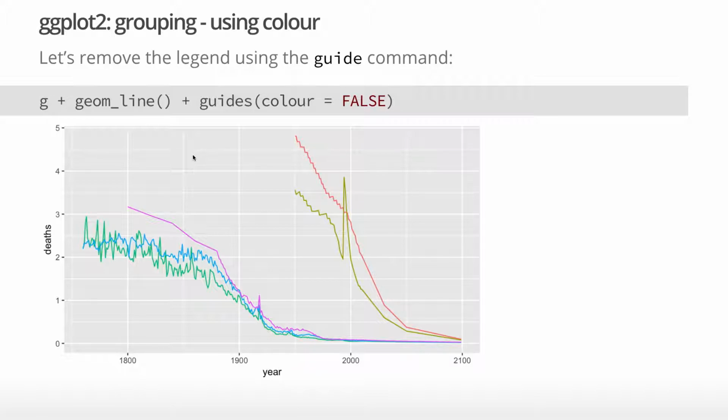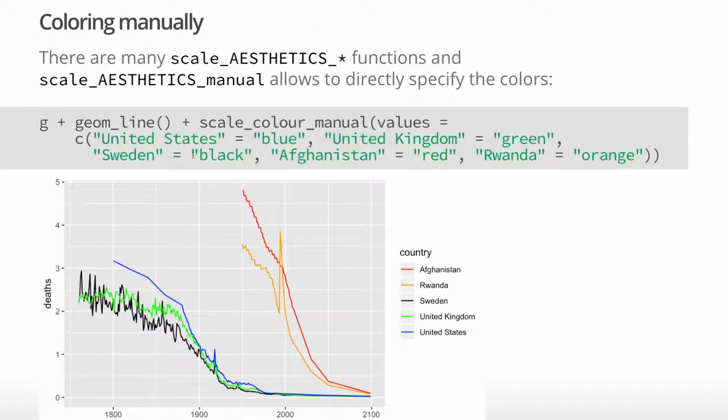Then you just say guides, whatever that aesthetic is, equals false, and it will remove that legend from the plot. Because sometimes maybe you've added annotations in there yourself and you don't need that whole legend. So now you should see, these are printed to be the same size, so this much is now data versus before, this much is data and this much is legend.